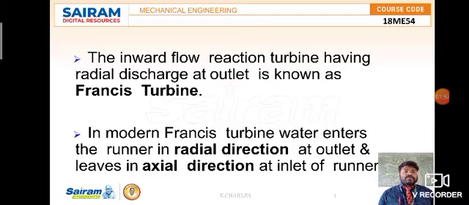Whereas in the case of the modern Francis turbine, water enters the runner in the radial direction and leaves in the axial direction at the outlet of the runner. So this is called the modern Francis turbine. How does it work? Water enters the runner, where there will be guide blades and moving blades, both.